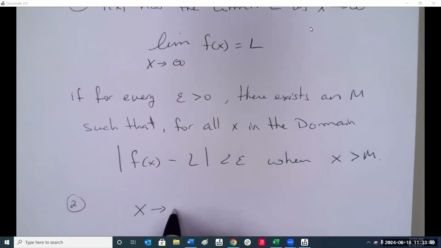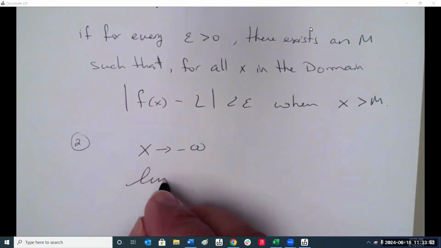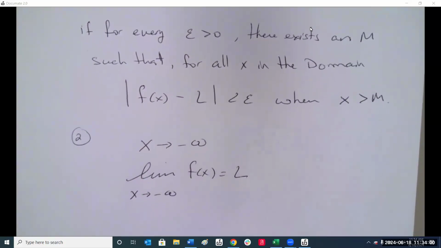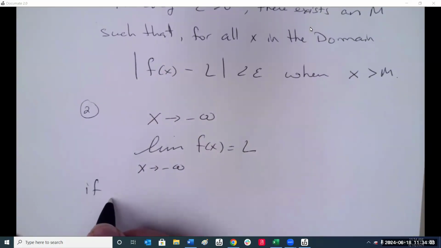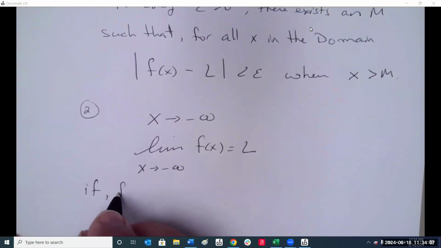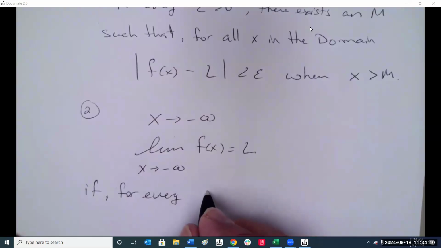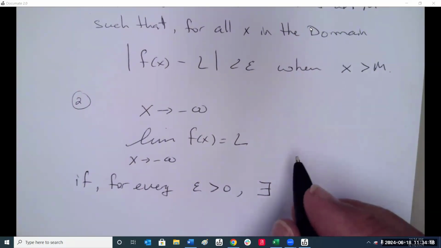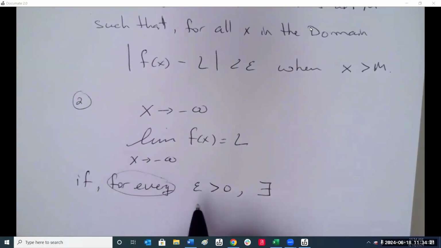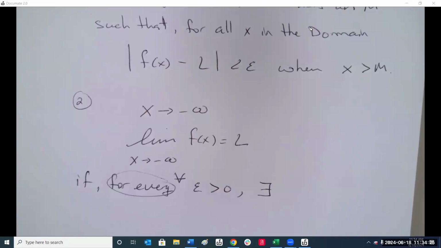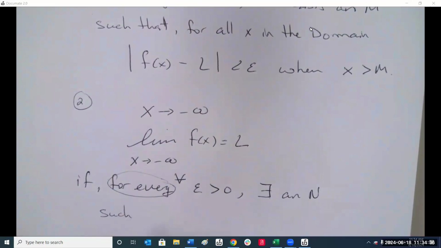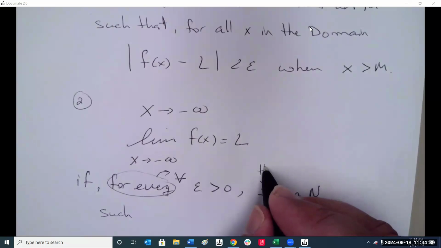Now we're going as x goes to negative infinity. We can write the limit as x goes to negative infinity of some function equals L, if for every epsilon greater than 0, there exists an N. We're going to use that symbol for there exists, and from now on, whenever we write for every, we'll use that symbol.